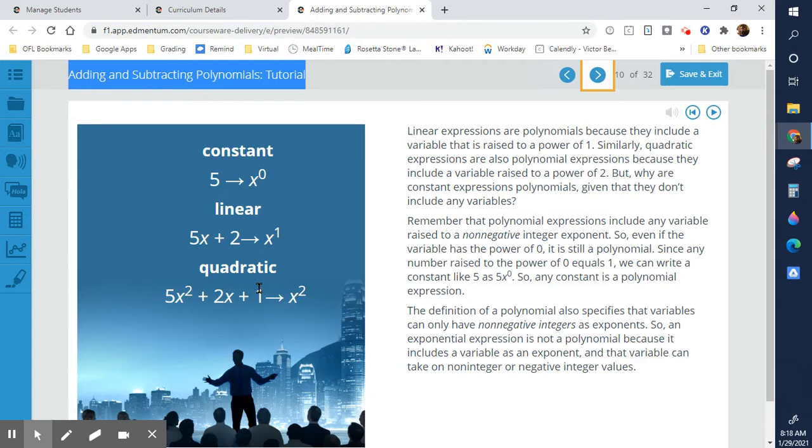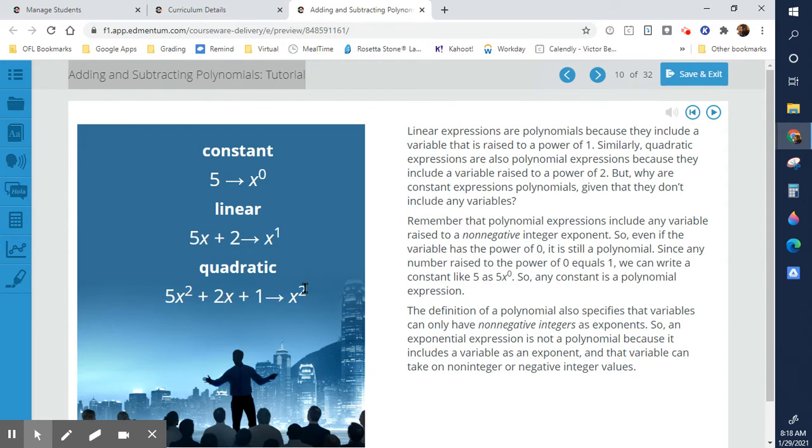So quadratics, all of these, we're going to think about the highest power. So if we're thinking about the powers of polynomials, a constant has no power, no exponent. So its degree is 0. A constant has a degree of 0. A linear function has a degree of 1. Its power is 1.